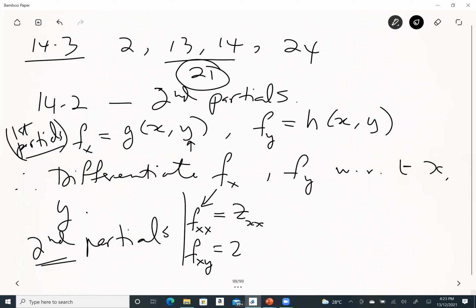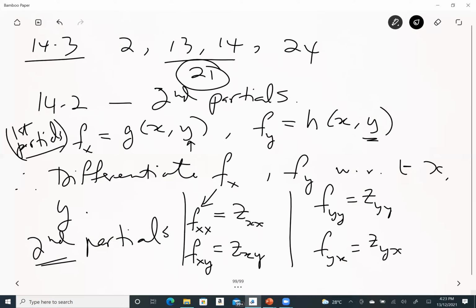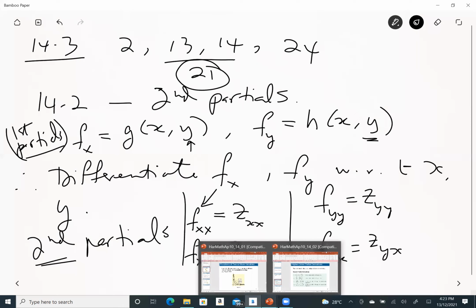Now similarly, fy is a function of y, so I can take fyy, or zyy. Now it's also a function of x, so I can take the derivative of fy with respect to x, or zyx.